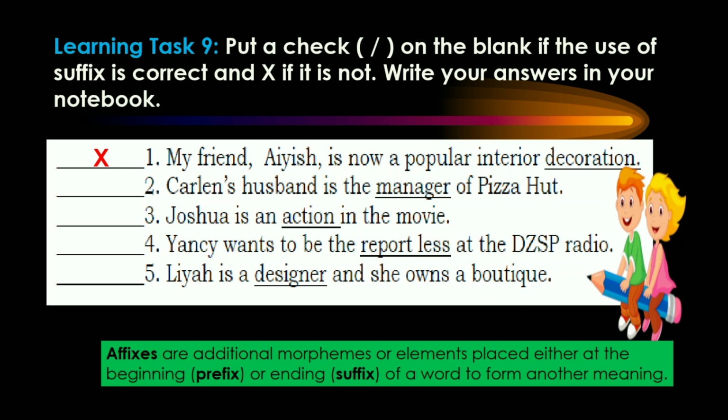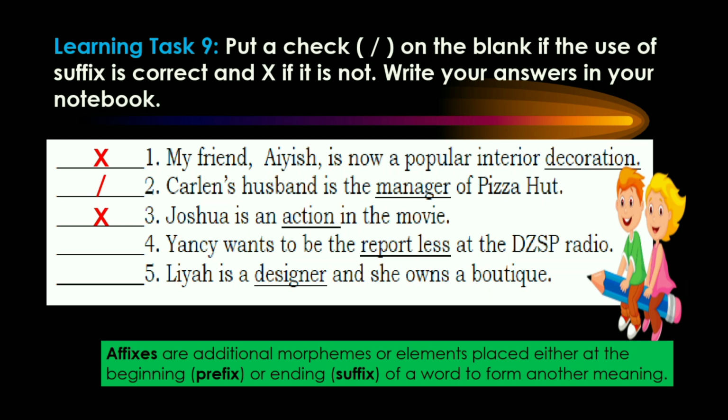Number 2. Carlen's husband is the manager of Pizza Hut. The answer is check. Number 3. Joshua is in action in the movie. Is the word action appropriate for this sentence? That is X. It should be actor.